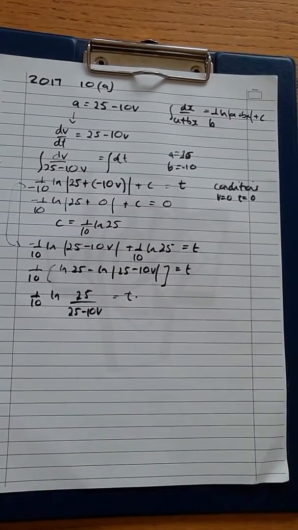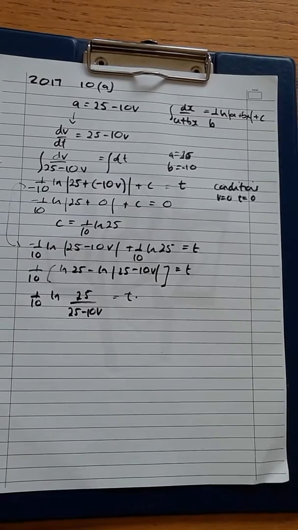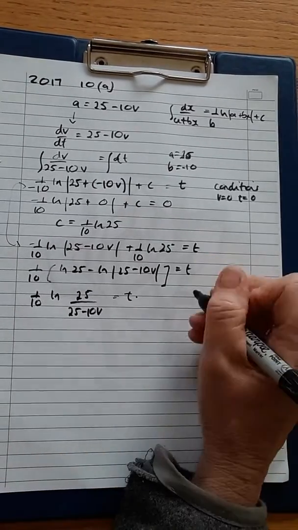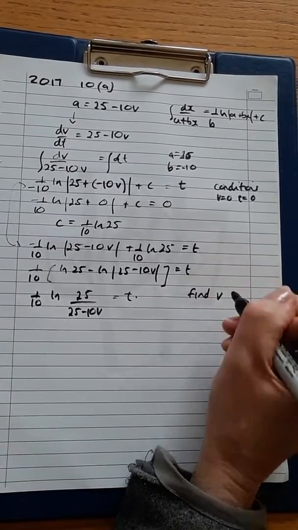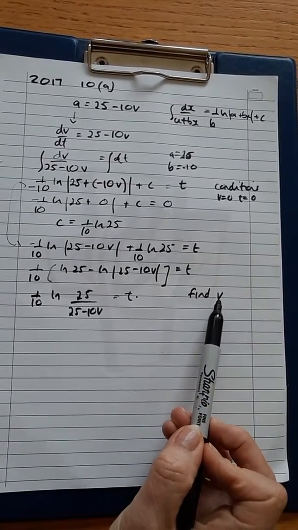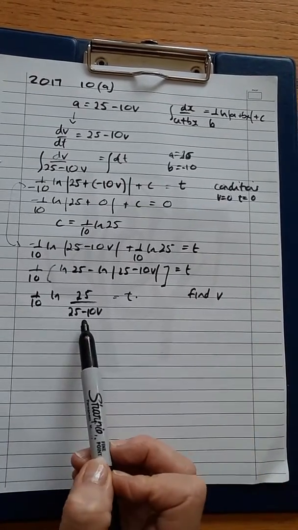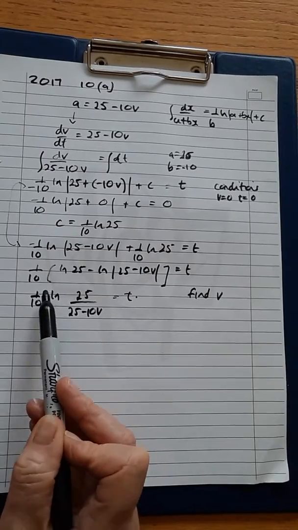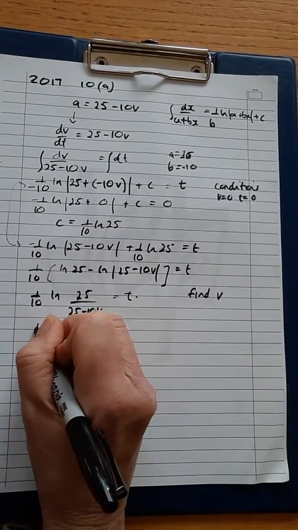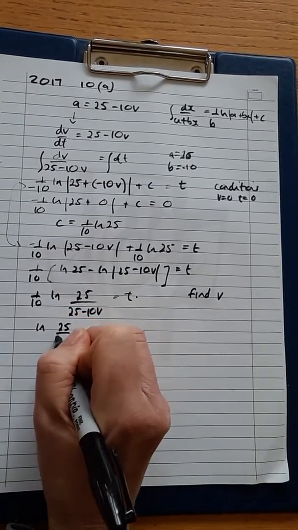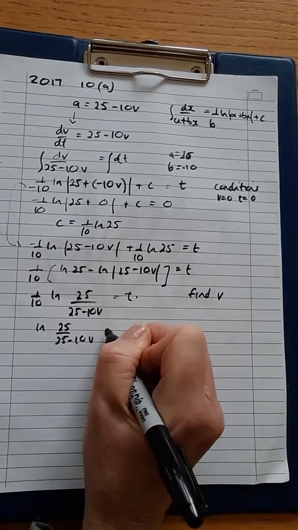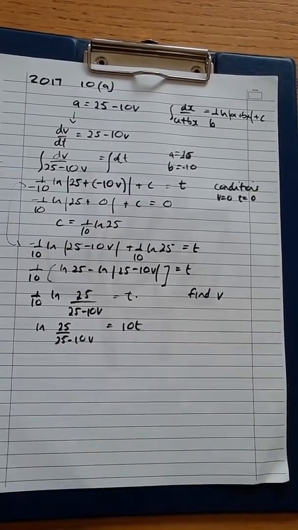The only thing is, it says to me find v. The question says find v. So find v means I have to get my answer in terms of v. Can't leave it like this. So first of all, I'll get rid of that 1/10. So this is the ln of 25 over 25 minus 10v is equal to 10t.